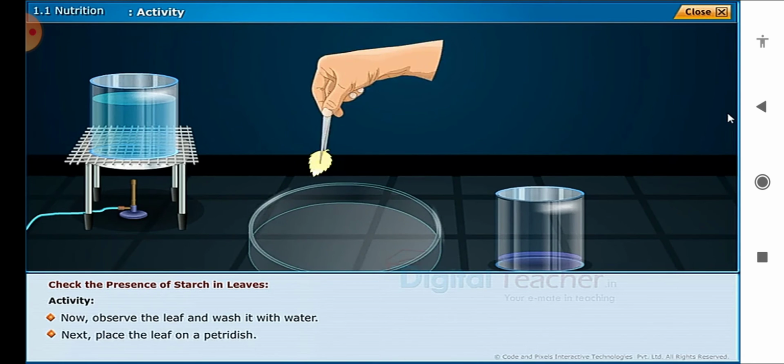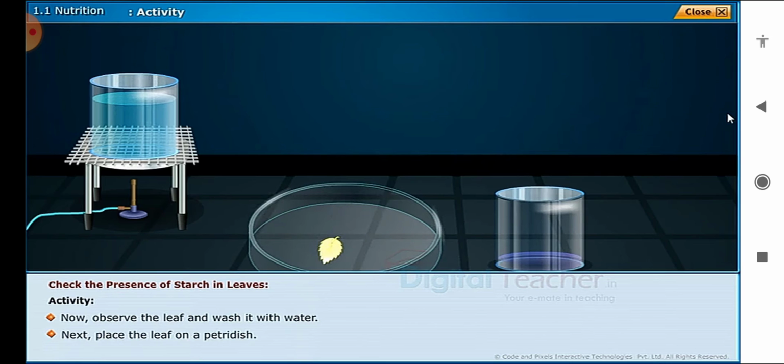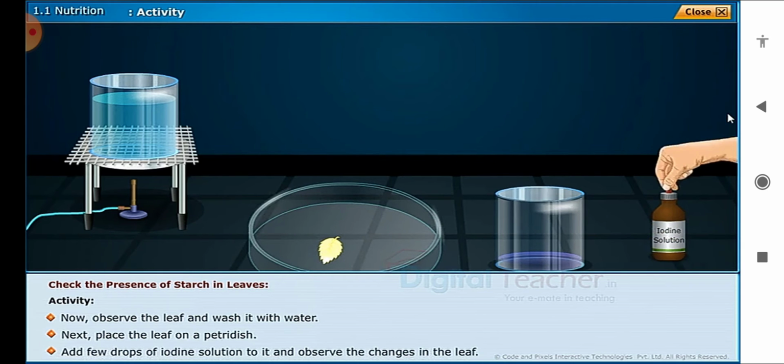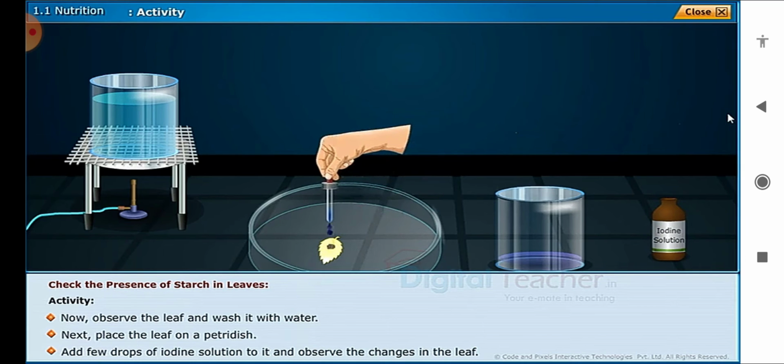Next, place the leaf on a petri dish. Add a few drops of iodine solution to it and observe the changes in the leaf.